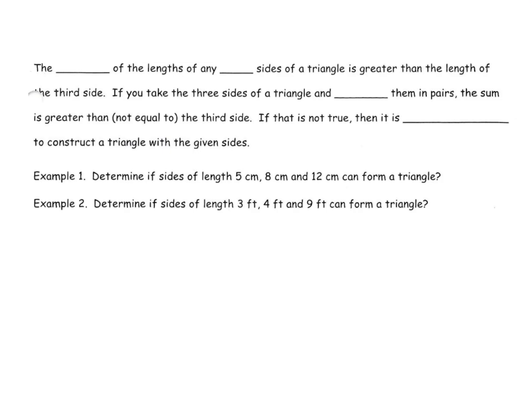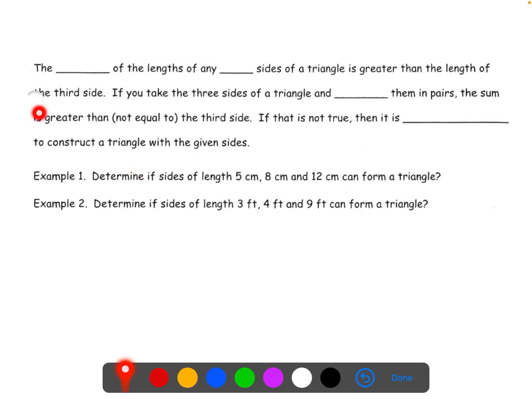So at the top of your handout, you should hopefully see this paragraph of information. We're going to fill in some blanks together. We're also going to adjust what it says just a little bit because I think it makes it easier to work with. So this says the sum of the lengths of any, and this is where we're going to do a little adjusting.